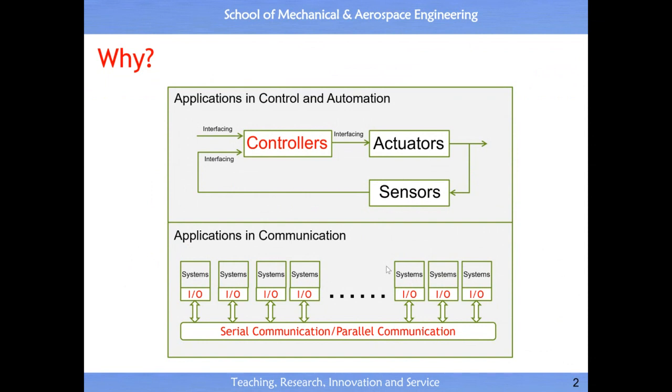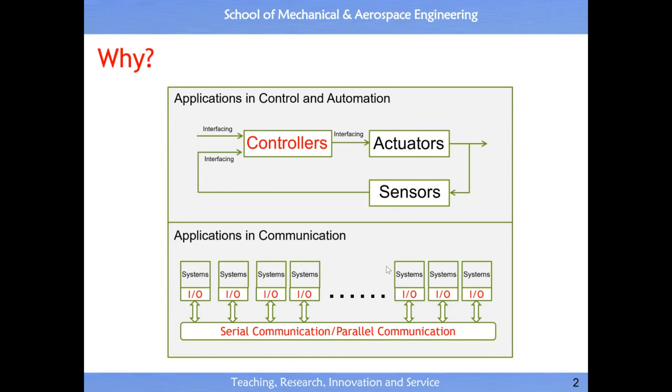Okay, so this slide shows you the answer to the first question. There are 2 motivations for you to study this course. Motivation number 1, if in future you are going to design a smart system in which there will be a closed-loop control system, then you need to incorporate a microcontroller to serve as one of the basic 3 building blocks inside a closed-loop control system.